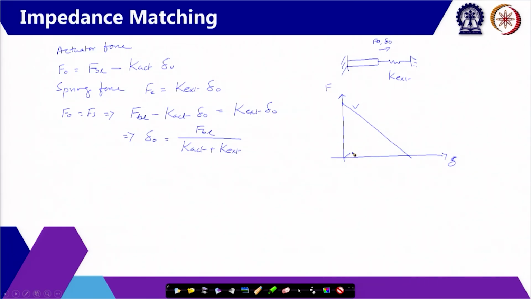On this we draw a straight line which has a slope equal to the external stiffness, and this is our actuator stiffness. So, the intersection of these two lines tells us about the displacement and the force, the expression of which is written here. So, this is a way to graphically represent the same thing.